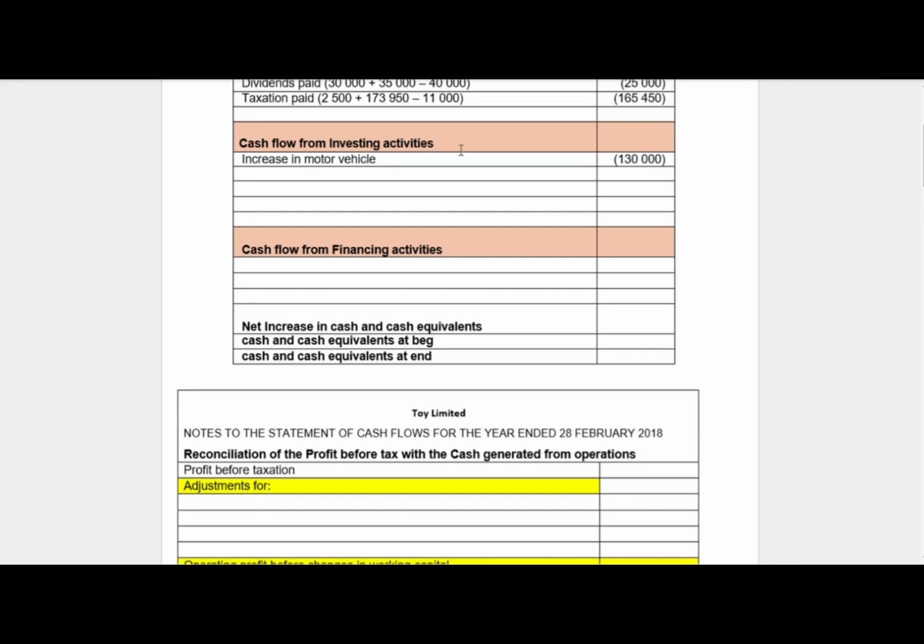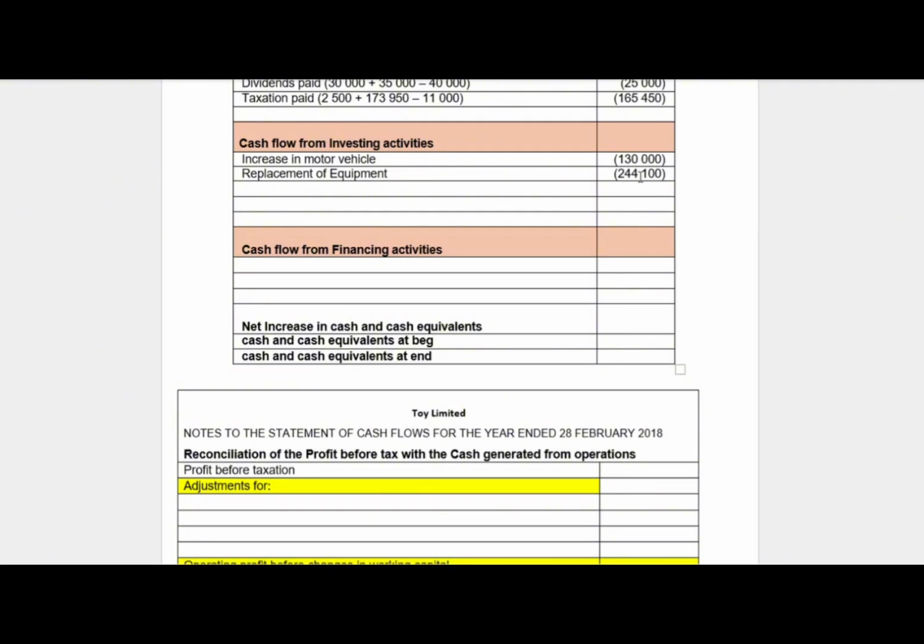Under investing activities, there is a replacement of equipment. When you replace, it means you purchased a new one. So money out in brackets right there, cash outflow, right?